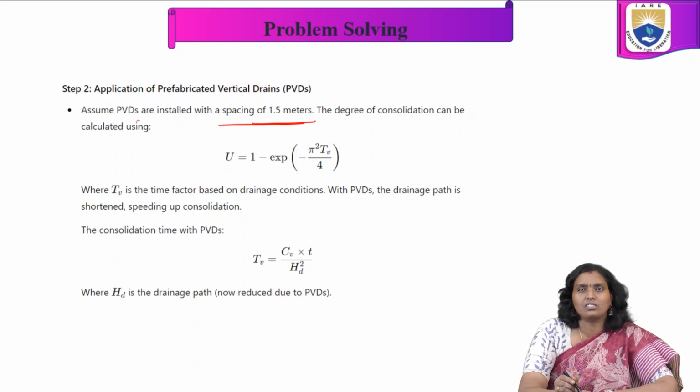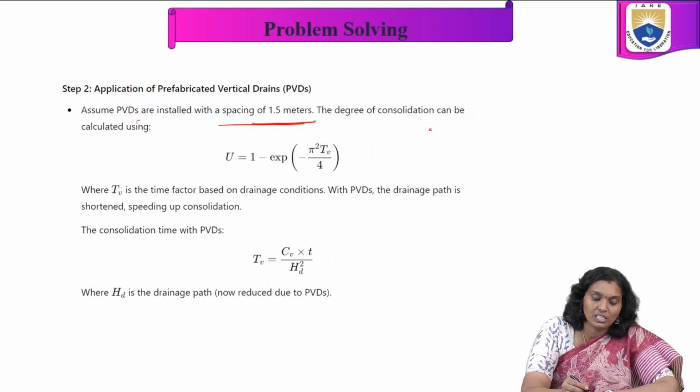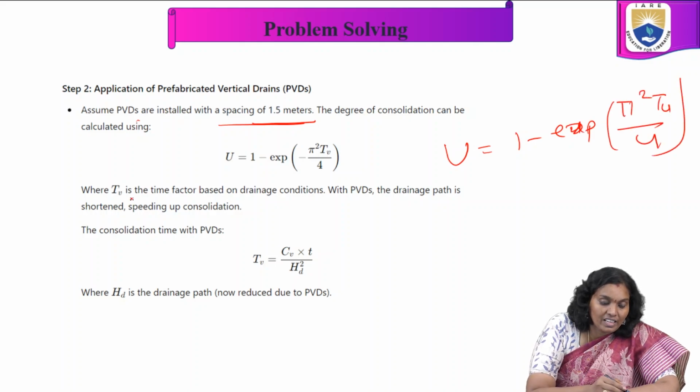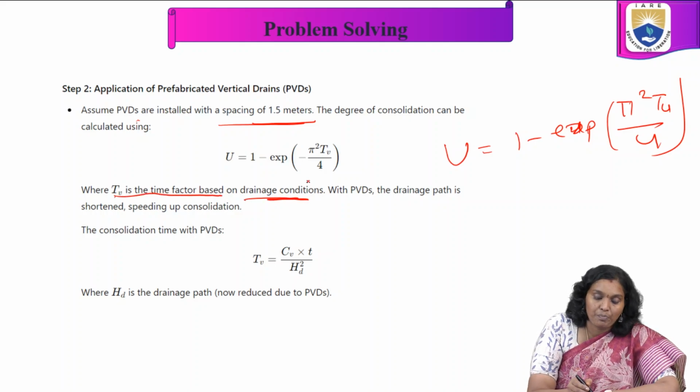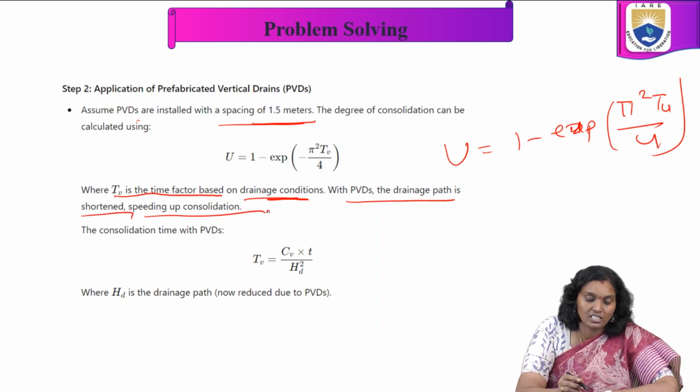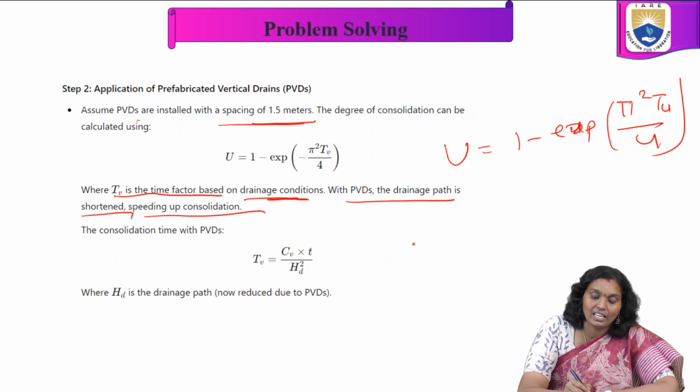The degree of consolidation can be calculated using the formula U = 1 - (8/π²) e^(-π² Tv/4). Here, Tv is the time factor based on drainage conditions. With PVDs, the drainage path is short and the speed of consolidation increases. Hd is the drainage path.